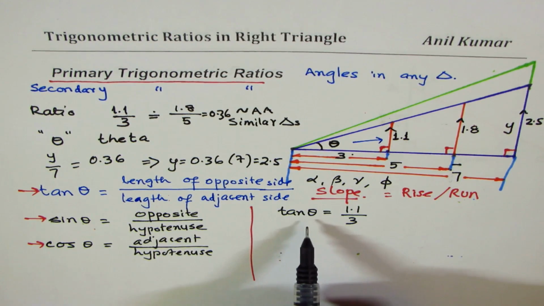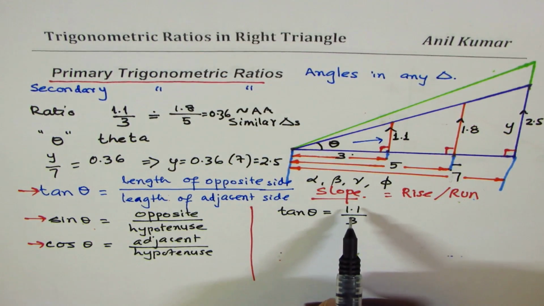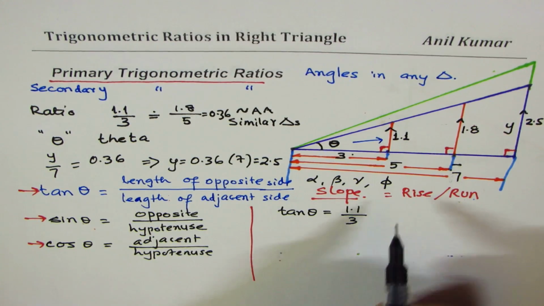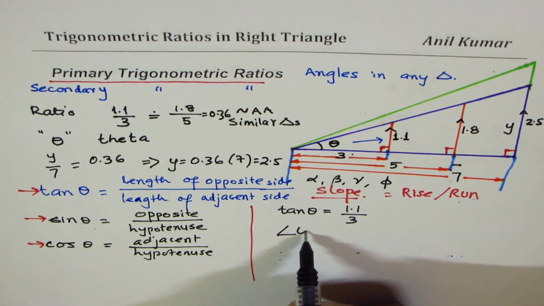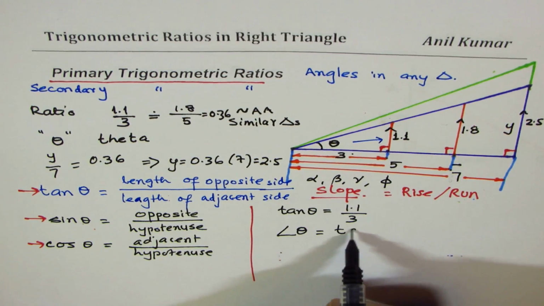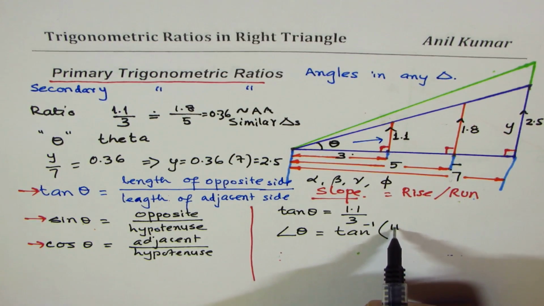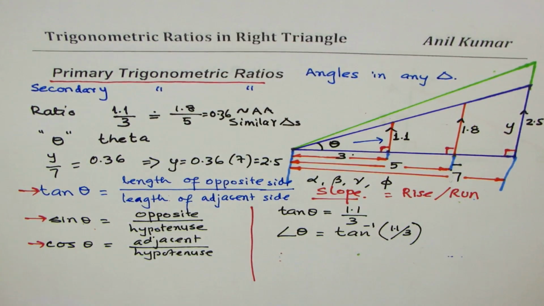You understand? Inverse is like reciprocal, correct? So we just do the opposite operation. So what we do here is we take the inverse at both sides. So what we get here is angle theta is tan inverse of 1.1 over 3. So that is how you get your angle.